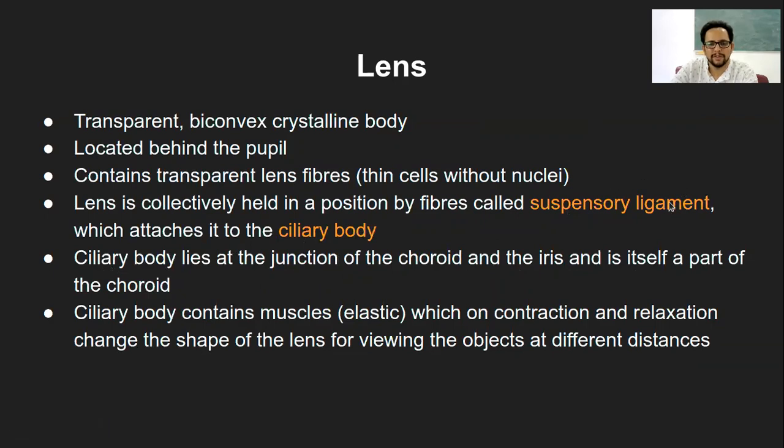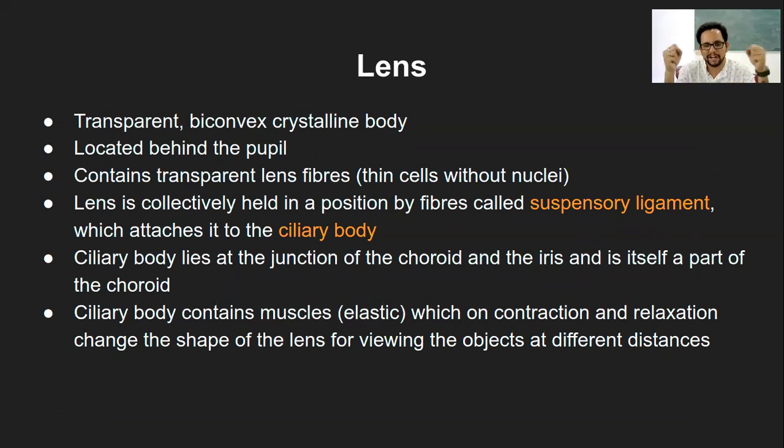The most important part of the ciliary body, like I mentioned, is that it has elastic muscles which, on contraction and relaxation, will change the shape of the lens. So if these ciliary muscles are relaxing, that means the lens is being pushed inward. It will make it more stout.